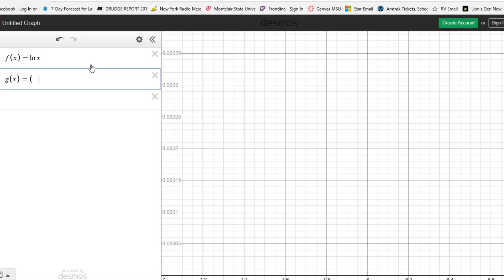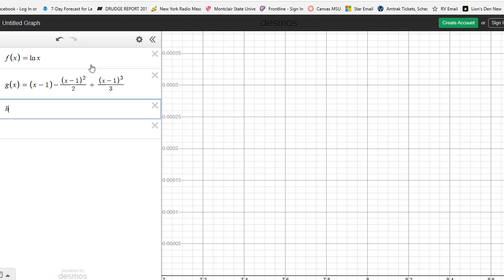So it'll be x minus 1 minus x minus 1 squared over 2 plus x minus 1 to the third over 3. All right, so that's my third degree Taylor approximation for the natural log. There's g of x, f of x, and now h of x will be the absolute value of the difference.